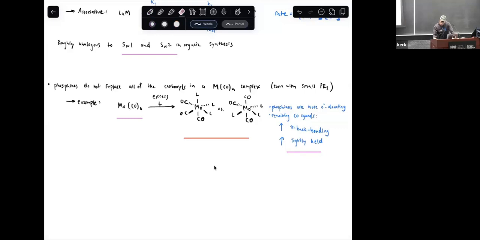So let's consider this experiment where L is a representative phosphine. The particular phosphine is not so important here. We're going to treat molybdenum hexacarbonyl with a large excess of said phosphine. Let's make it trimethylphosphine for the sake of simplicity. And then one can imagine two different products being formed here.